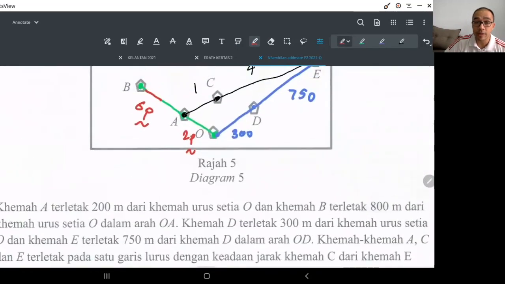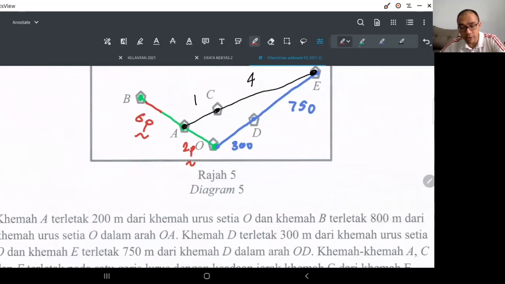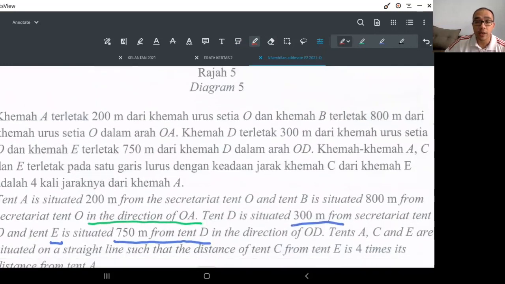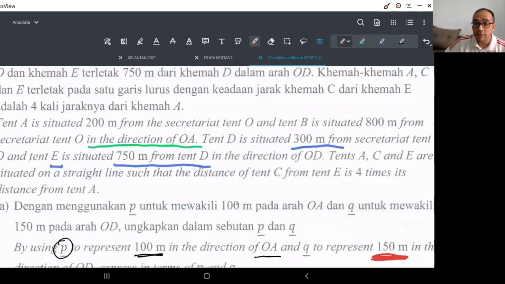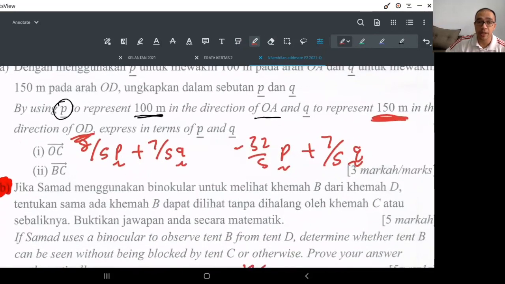So every 150 meters is Q, so 300 meters is 2Q, and 750 should be 5Q. Then express in terms of P and Q, OC.